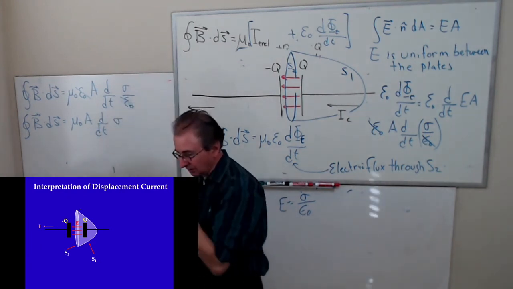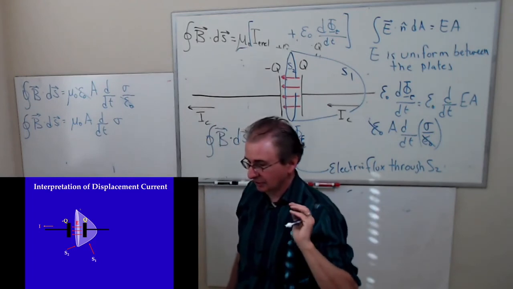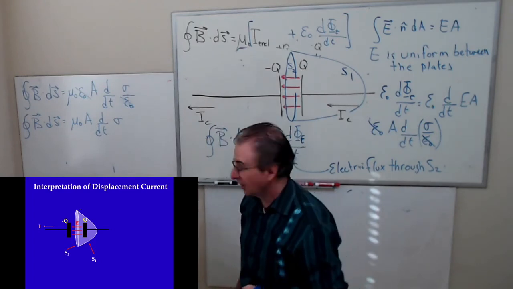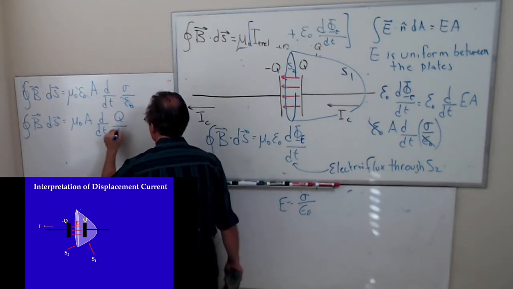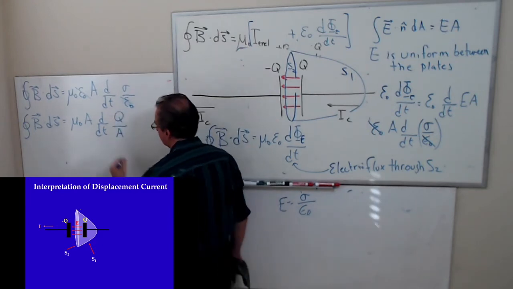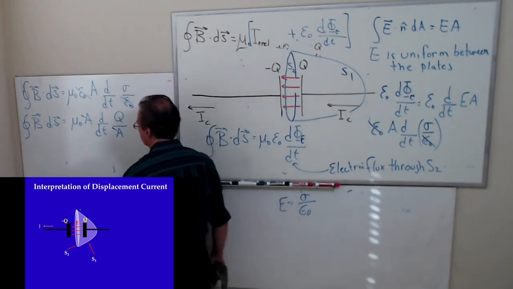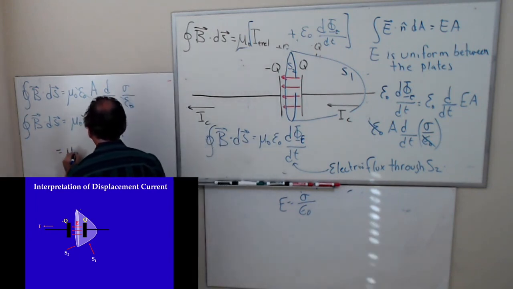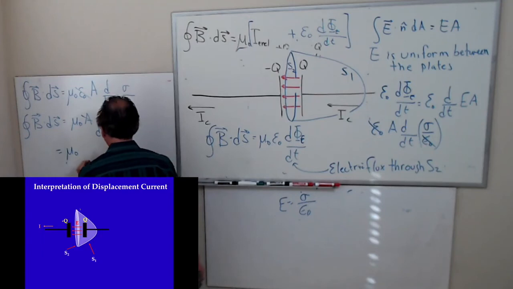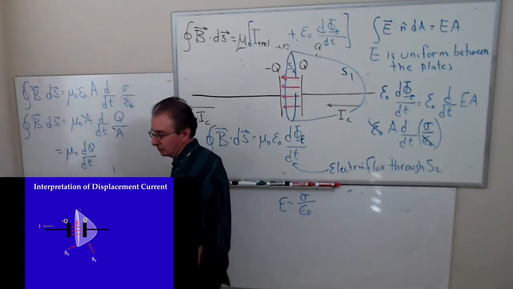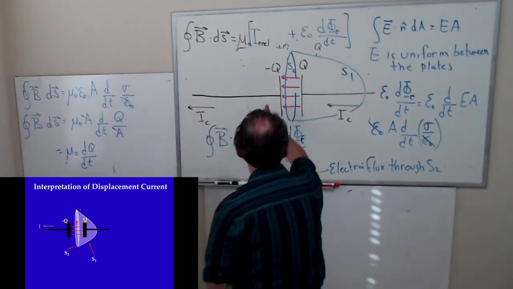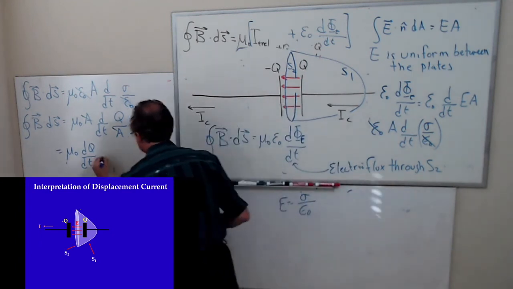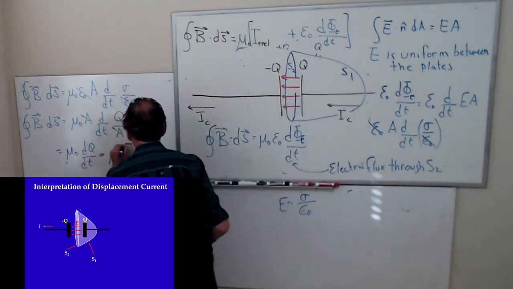Now what's sigma? Sigma is the charge per unit area. So that means these guys cancel. What's dq dt? Well, the dq dt is the same as the dq dt over here, so this is mu naught I conduction.